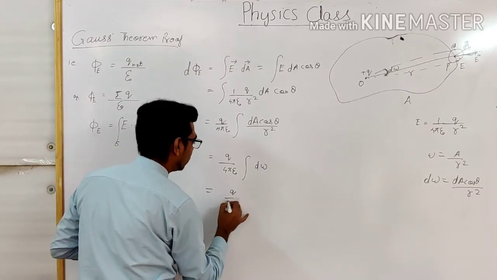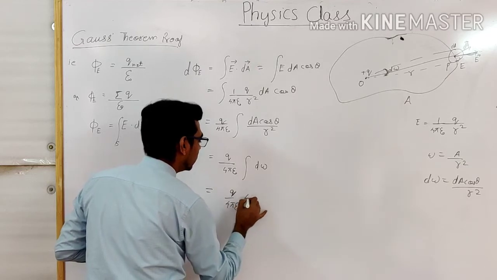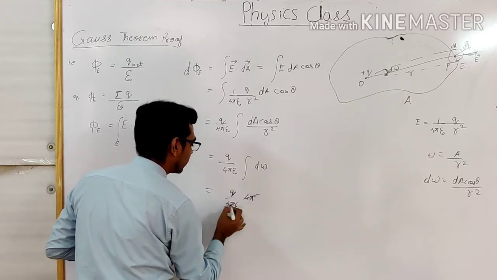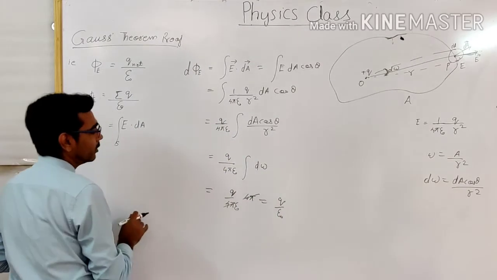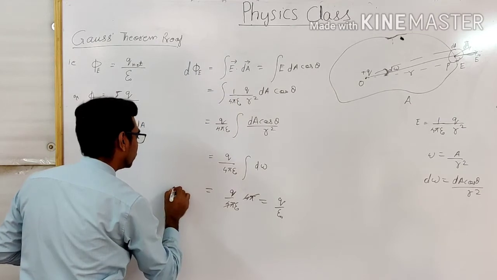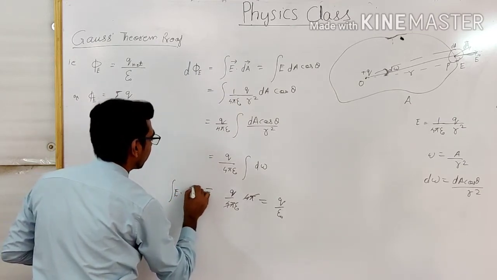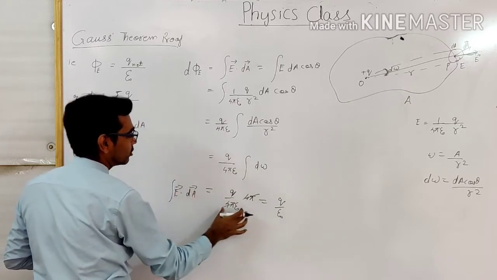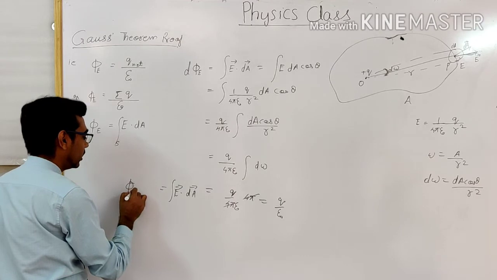So Q upon 4 pi epsilon naught, here you will get 4 pi, and this will be Q upon epsilon naught. What we were doing was expanding and solving this: integration of E dot dA is equal to Q upon epsilon naught, and is equal to phi E.